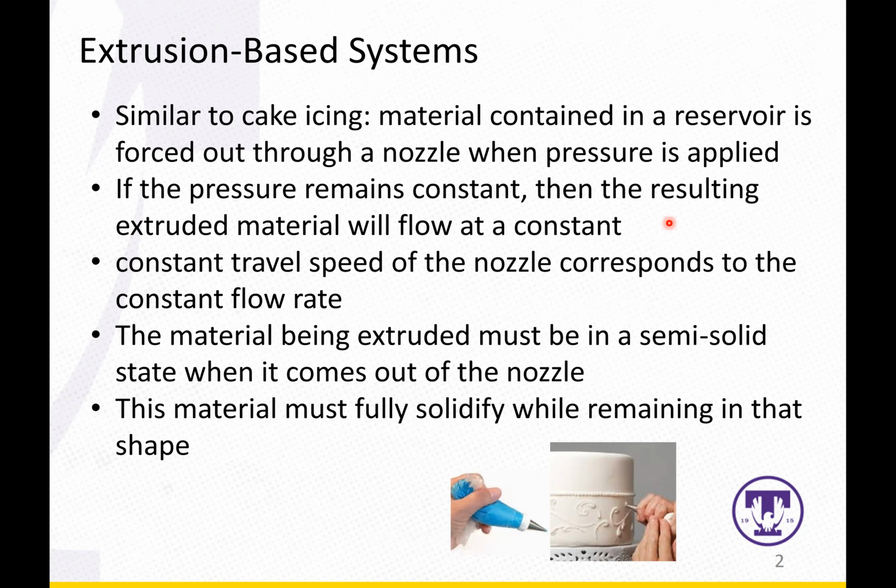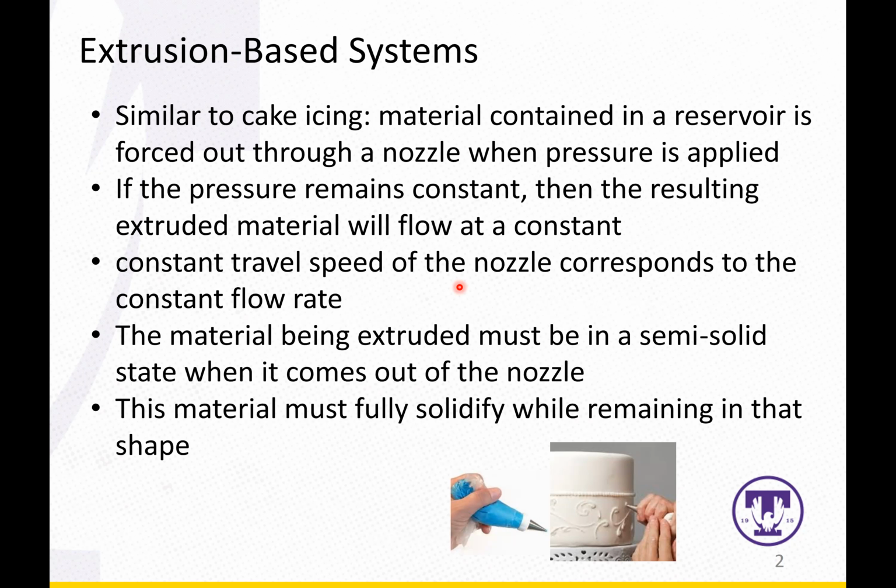So that is a very important point also for extrusion-based additive manufacturing. And the constant travel speed of a nozzle corresponds to a constant flow rate. So that's another point, that is the movement of the nozzle. So you have the constant pressure, you have the constant travel speed of the nozzle, and these two will have an impact on the pattern you are generating.